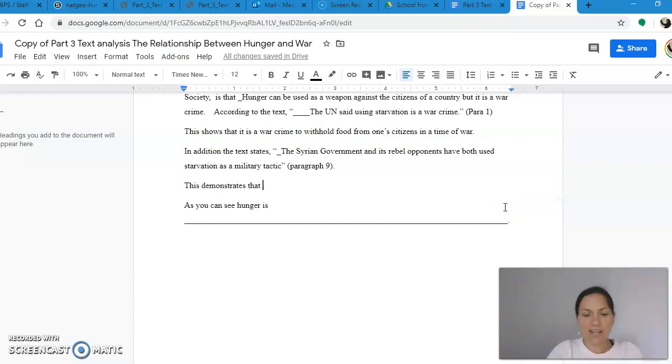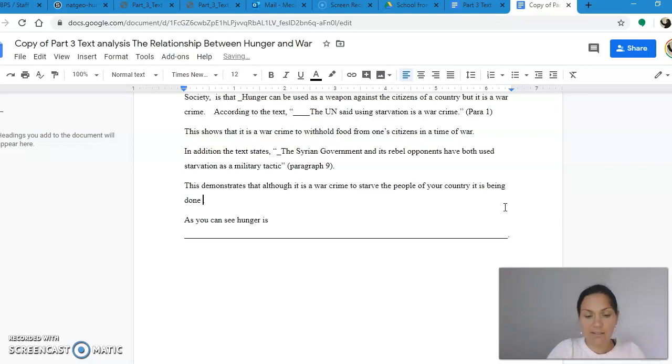Well, to me, this shows that although it is a war crime to starve the people of your country, it is being done by many countries, by many governments, including Syria, Yemen, and South Sudan.